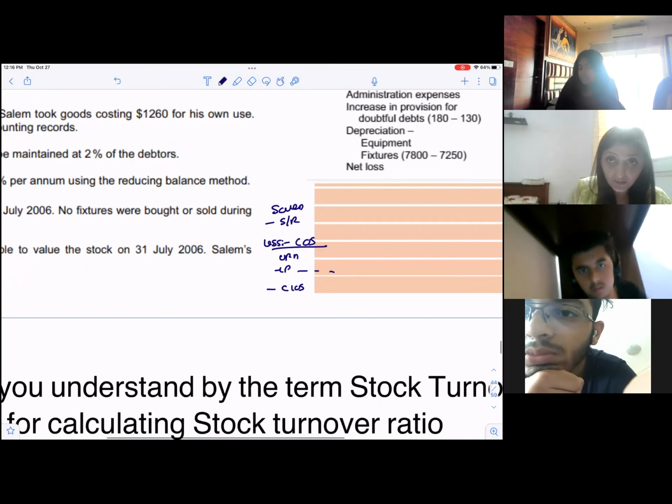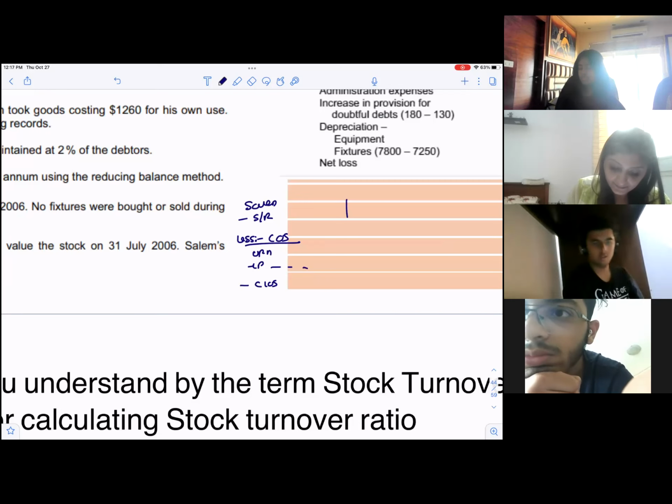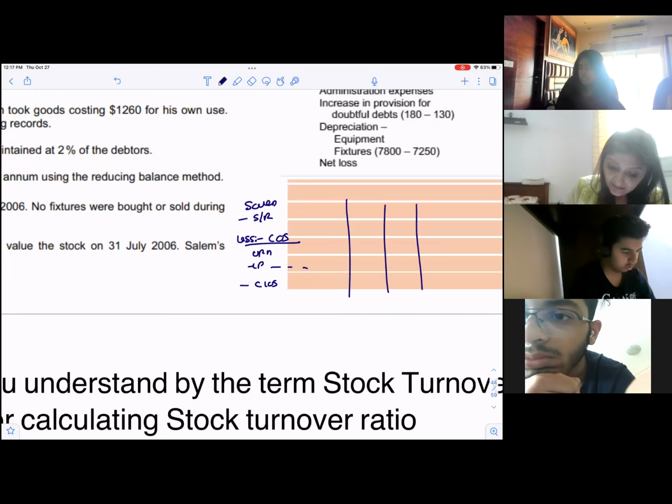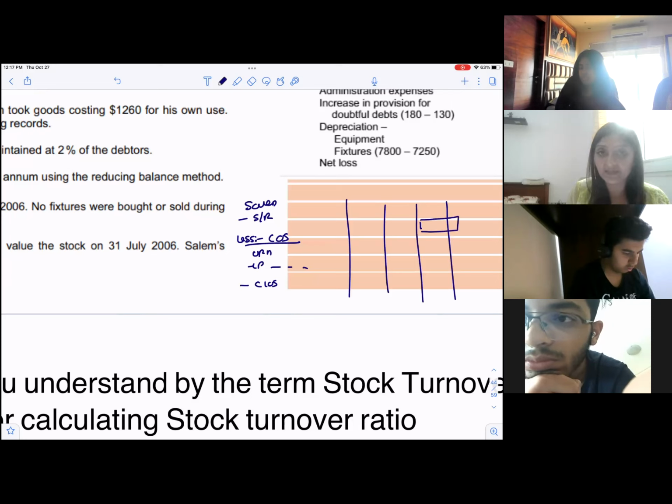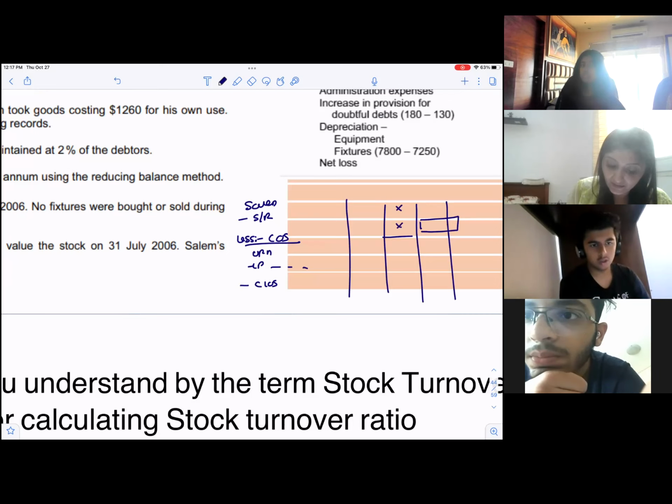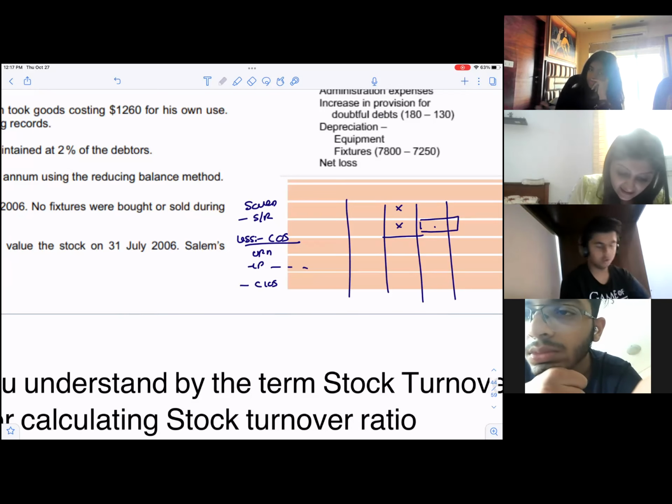Now look at the way I am presenting over here. Sales minus sales return, you will get the figure over here. When you are doing your cost of sales, your opening figure would be in the second column.